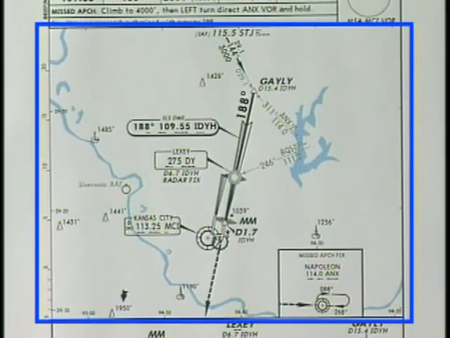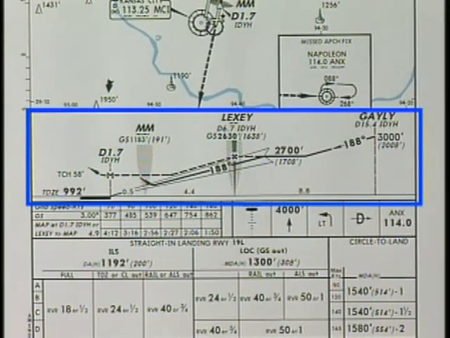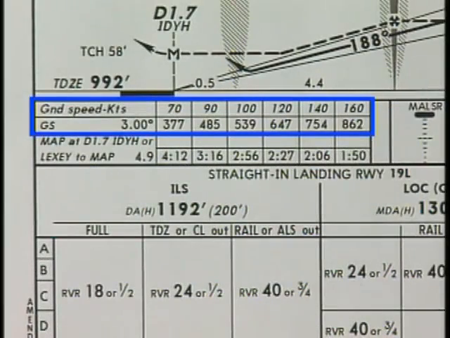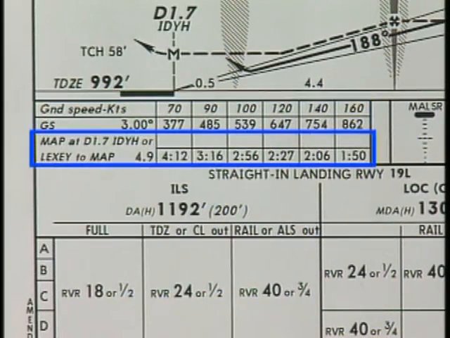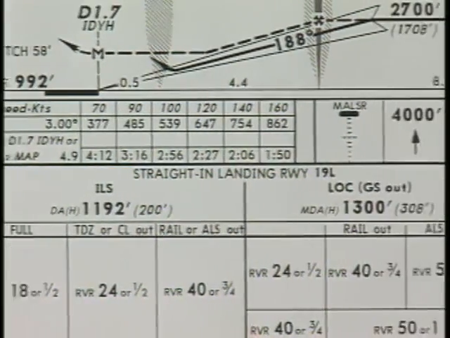Next, you'll want to review the plan view to familiarize yourself with the procedural tracks, navaids, and headings. The profile view shows the appropriate altitudes for the approach, as well as the headings and fixes along the approach course. Check the conversion table to determine descent rate information. Also, note the appropriate time to the missed approach point in case you must fly a localizer approach due to an equipment malfunction.